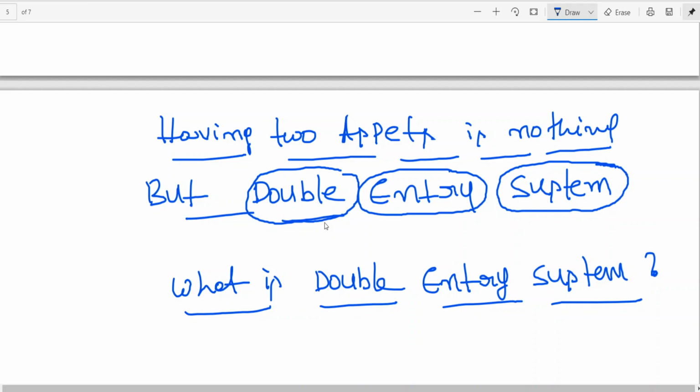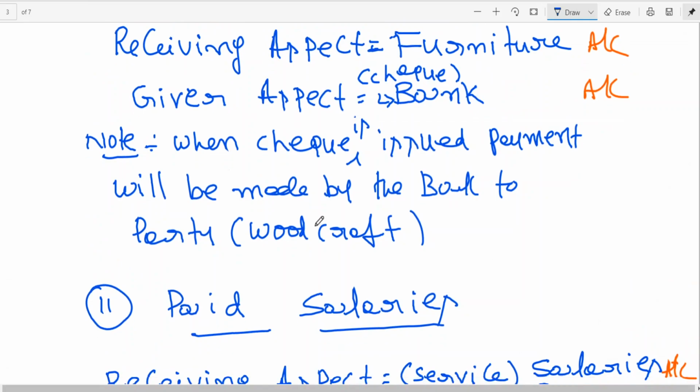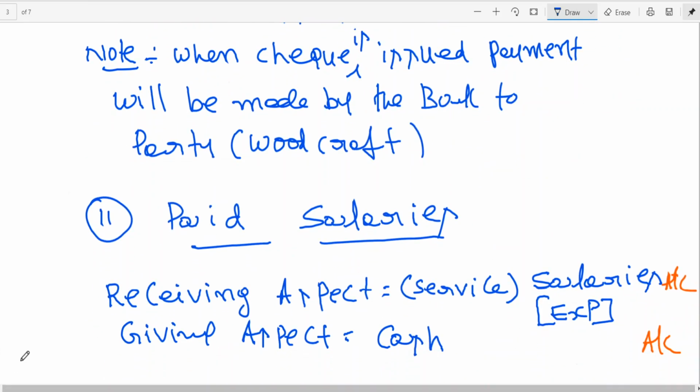The aspects are the same, recording is the same. But we'll be learning under this system, double entry. Without learning the double entry system, we have already learned these things.